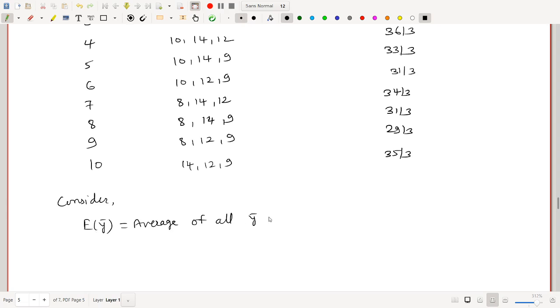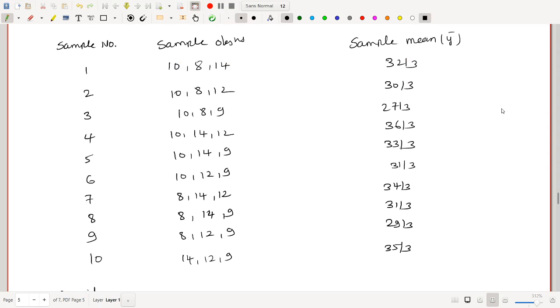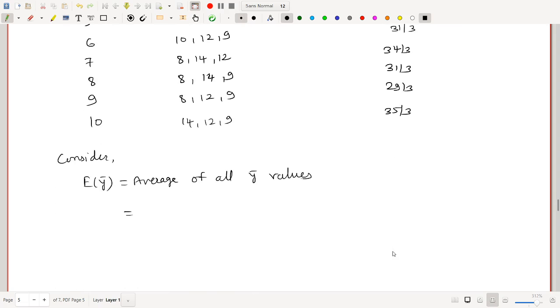So to find the average of all y bar values, we want to find 32 by 3 plus 30 by 3 plus up to 35 by 3, divided by 10, as there are 10 samples and so 10 values.